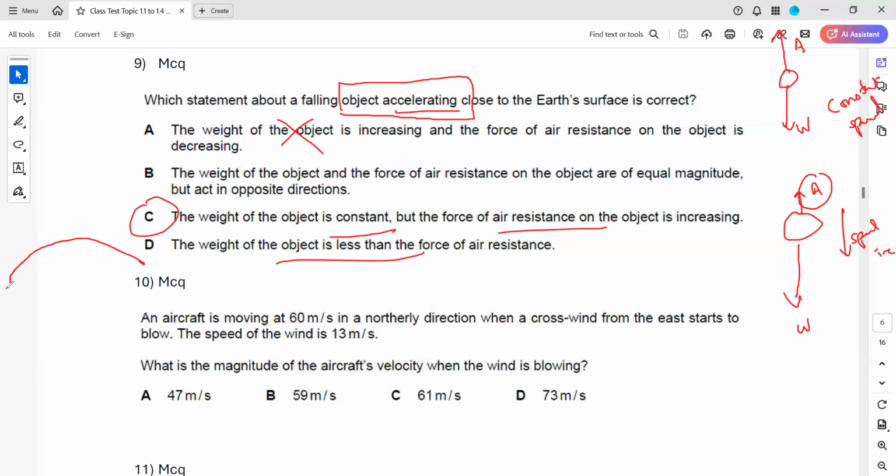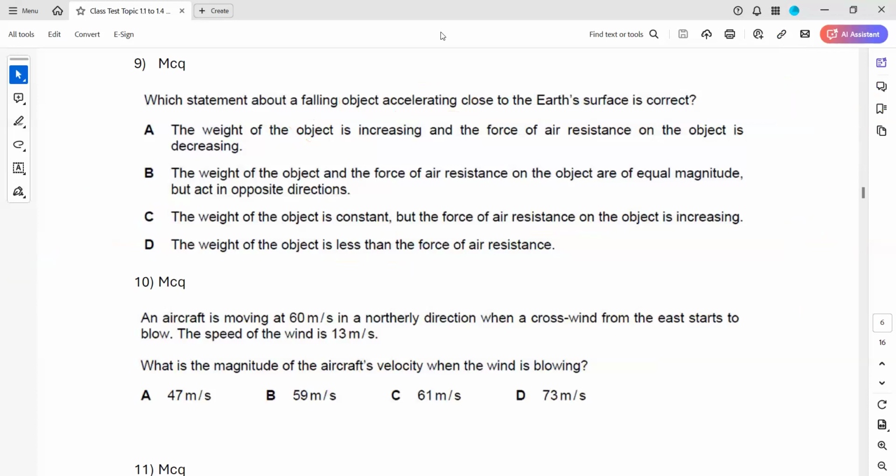In that case, the moment it opens the parachute, the air resistance will be more than the weight. So whenever an object is falling, its weight does not change. Air resistance increases as the speed of the object is increasing.